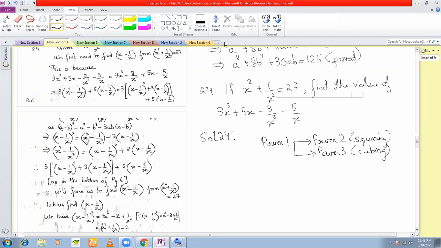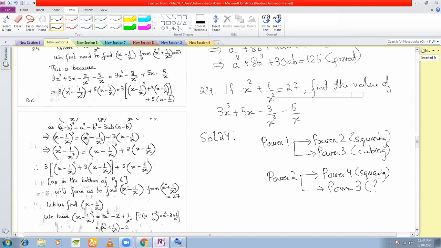But what if the power 2 is given to you? See, from power 2 you can move to power 4 by squaring, right? But from power 2, how do you move to power 3?